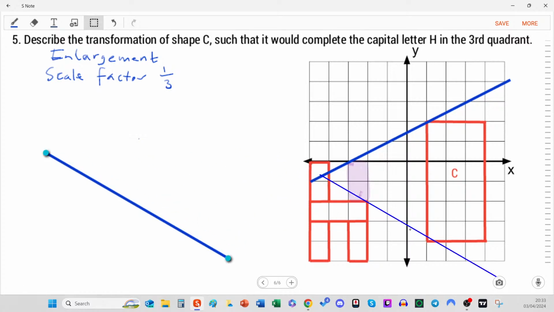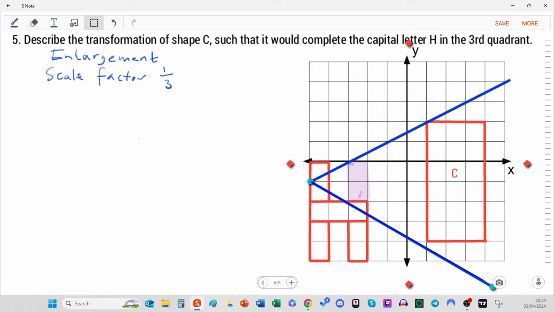Check this. Oh my goodness, did I get that? Oh, it's nearly okay. It's nearly good.